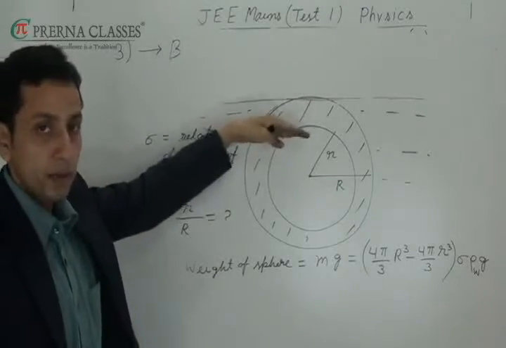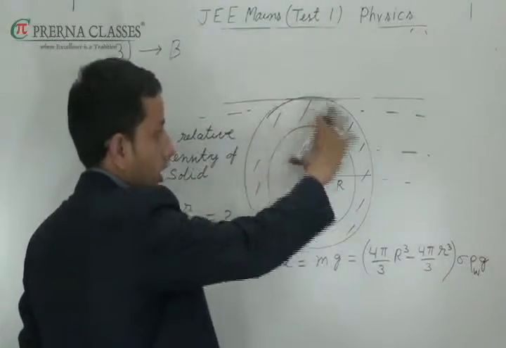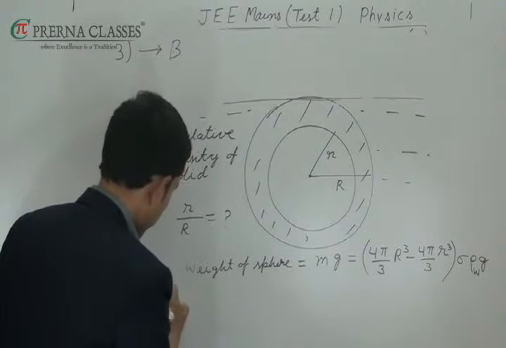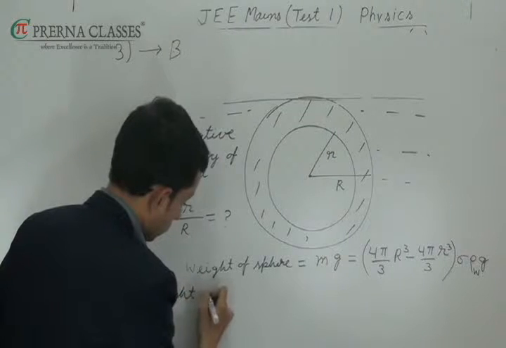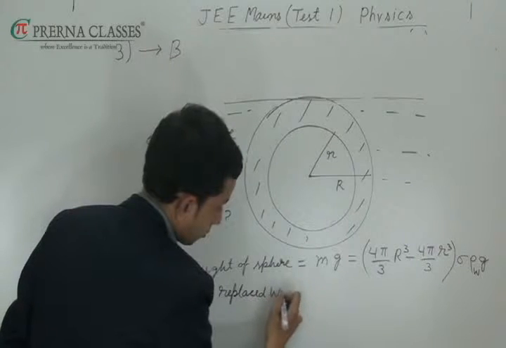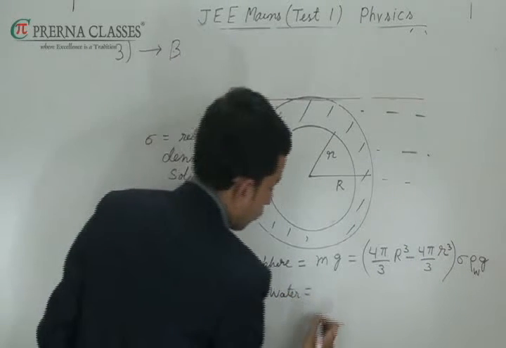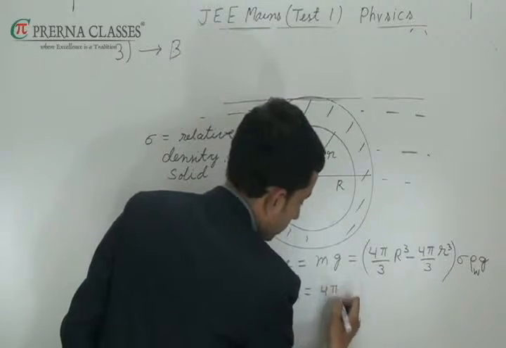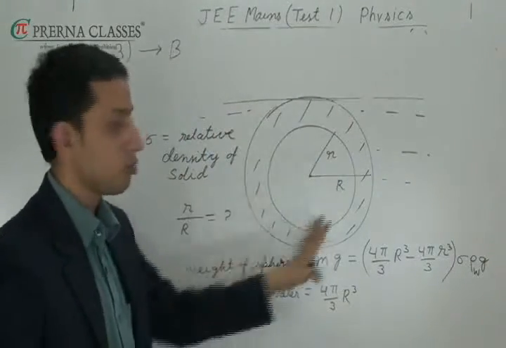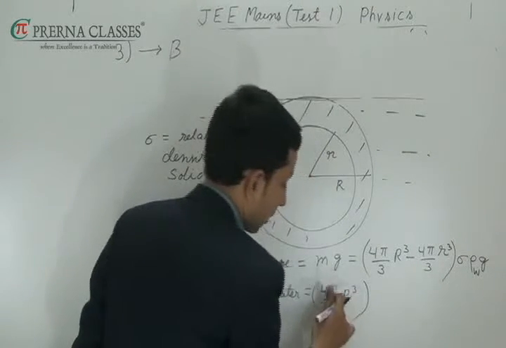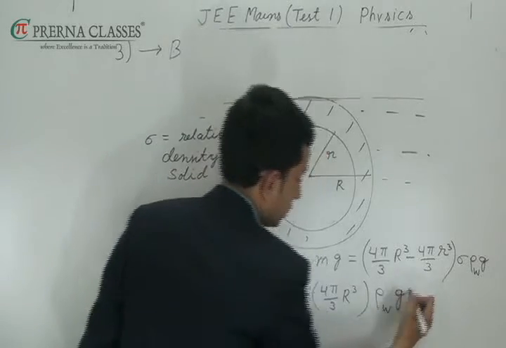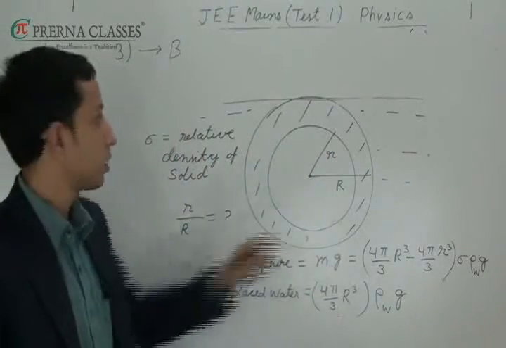Since the sphere is completely submerged, the amount of water replaced will have the same weight. So the weight of the replaced water will be 4 pi by 3 R cube, since it will replace water equal to the whole volume of the sphere, into density of water into g. Now these two quantities will be equal.